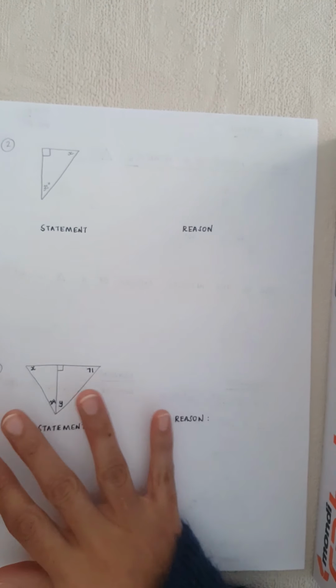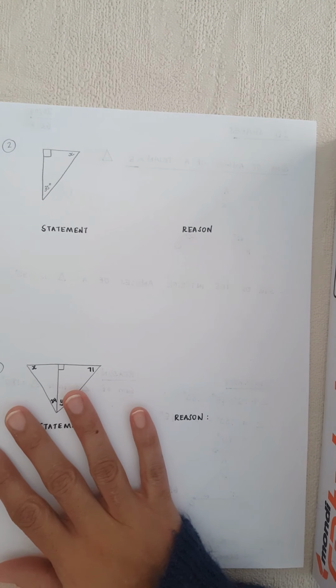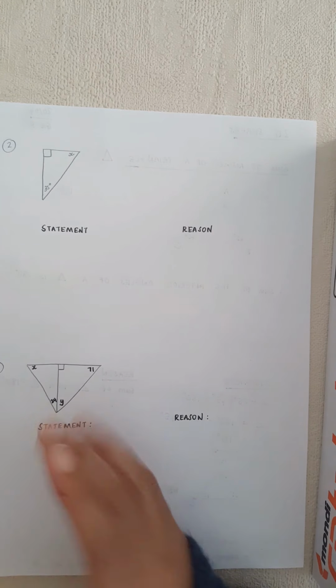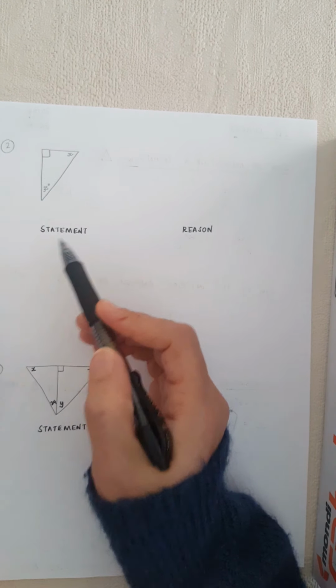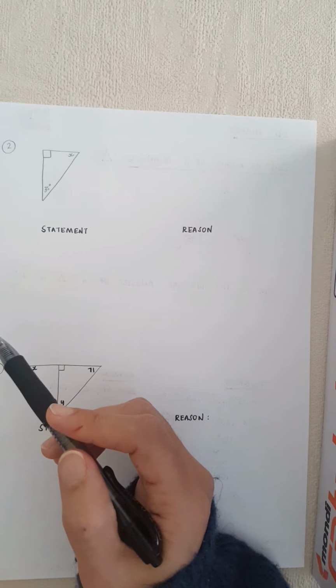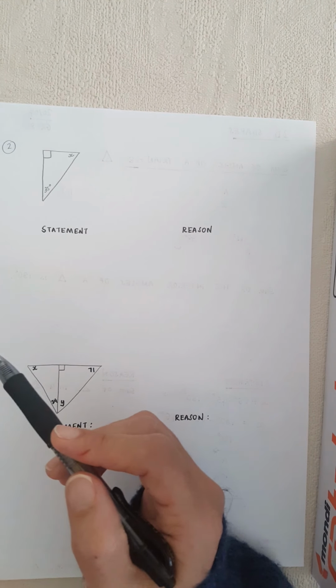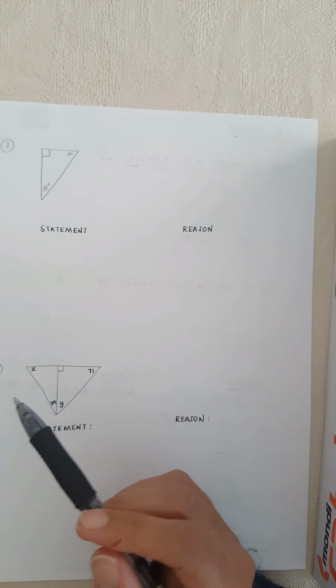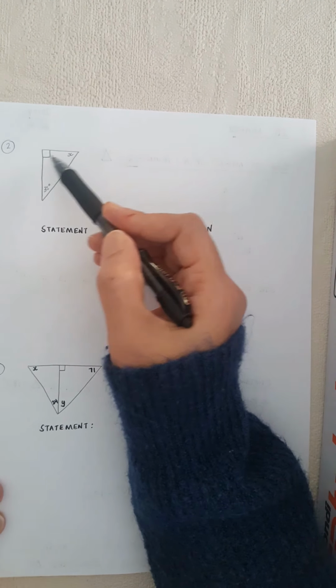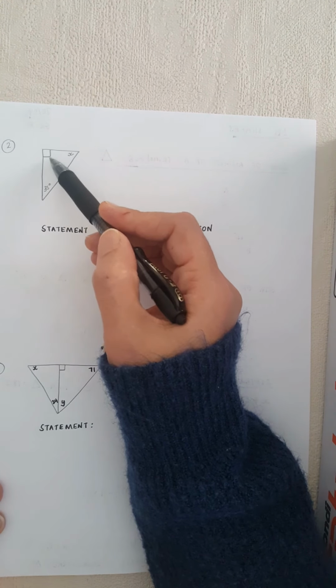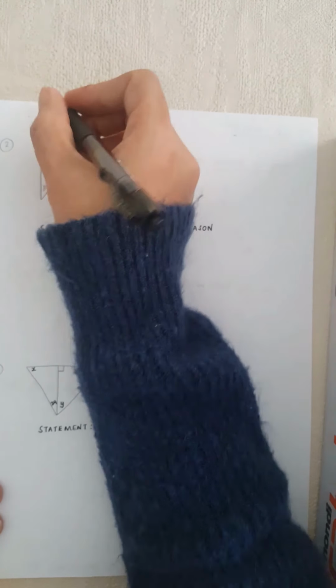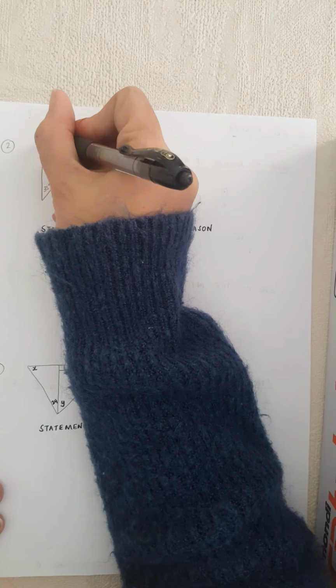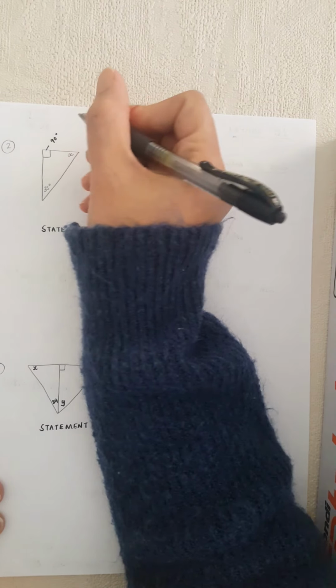Okay, so we've got this triangle here, right? Remember I have to write down my statement and I have to write down my reason, right? So what is my statement here? Can you see I've got a triangle? What is that telling me? It's telling me that this angle is 90 degrees, right?